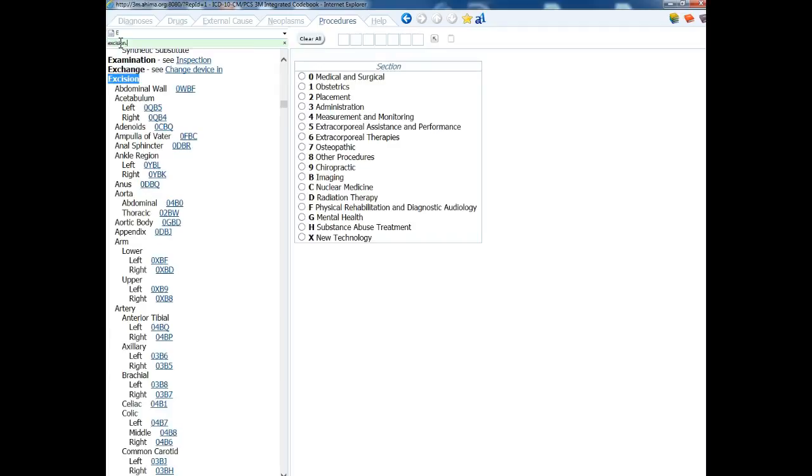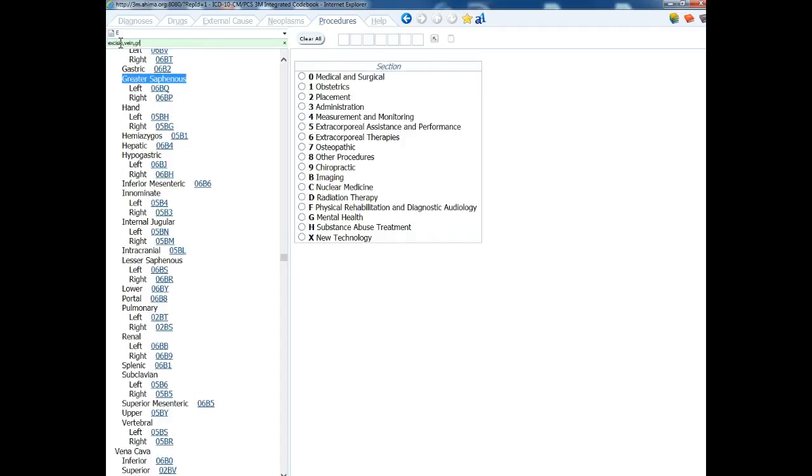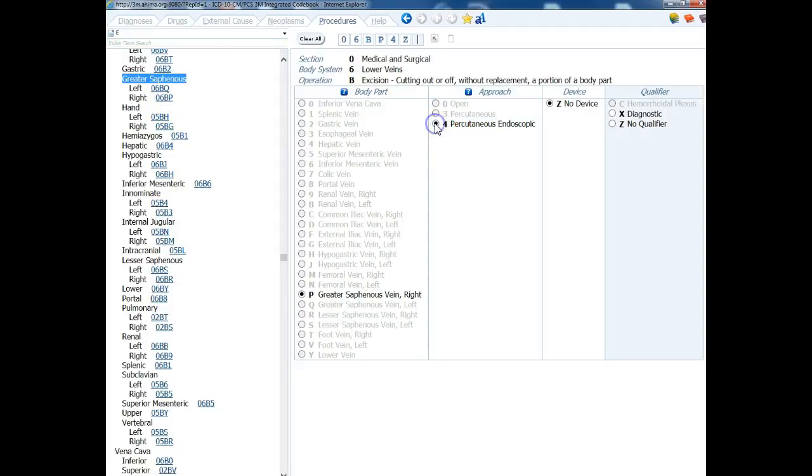So I will go to the index, and I'm going to put excision, vein, and then they used the greater saphenous, so I can put in greater saphenous, and they used the right greater saphenous, and we know that the approach was percutaneous endoscopic, and there's no qualifier, so the procedure code for the harvesting of the greater saphenous, I apologize, not the internal mammary, is 06BP4ZZ.